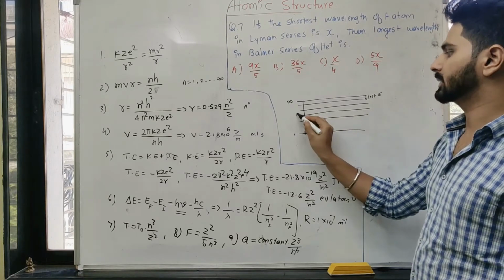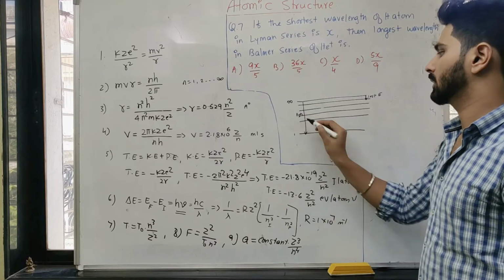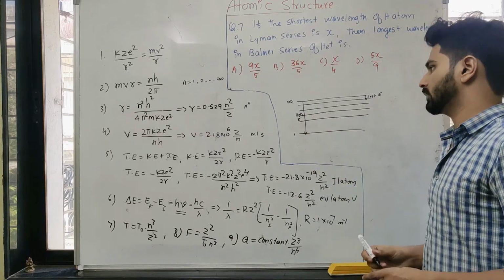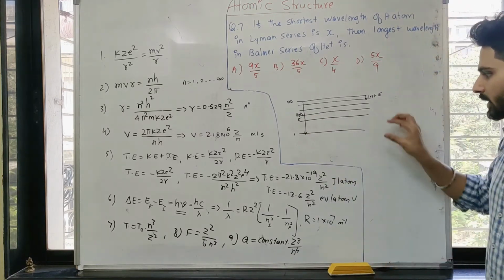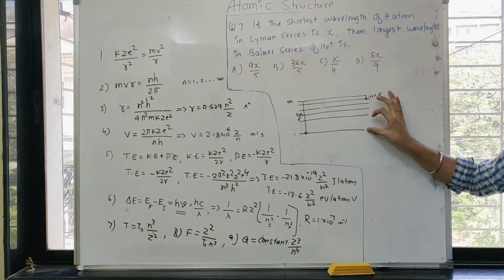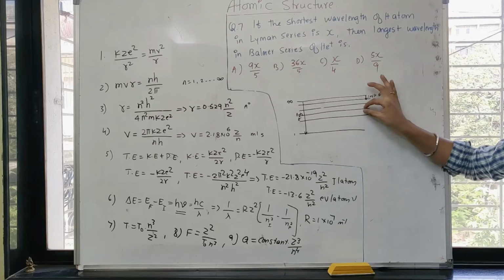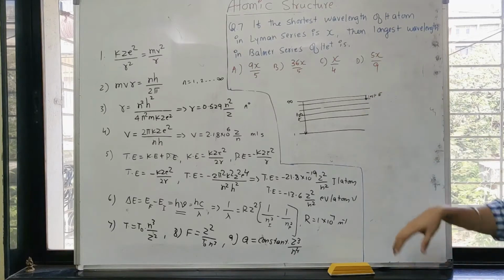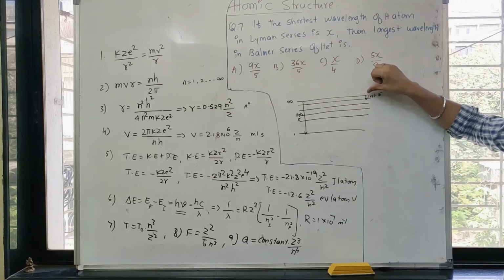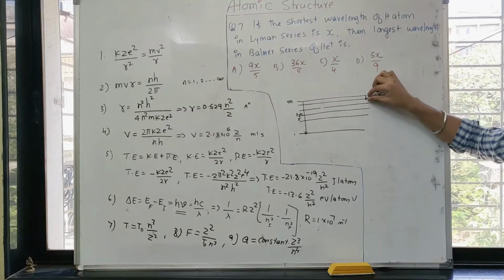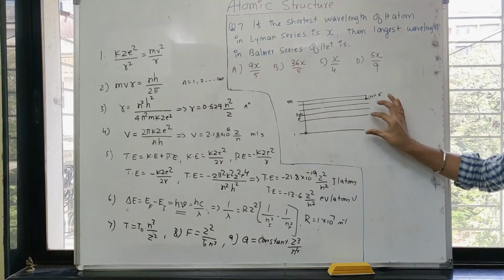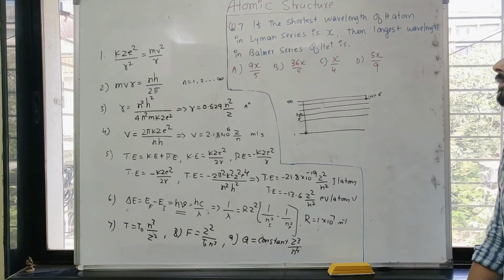This is high energy. Because we know the energy difference between the first shell and second shell is huge, and the energy difference decreases as you go away from the nucleus. So infinity and infinity minus 1, that energy difference is the smallest one, and the highest energy difference is between 2 and 1.